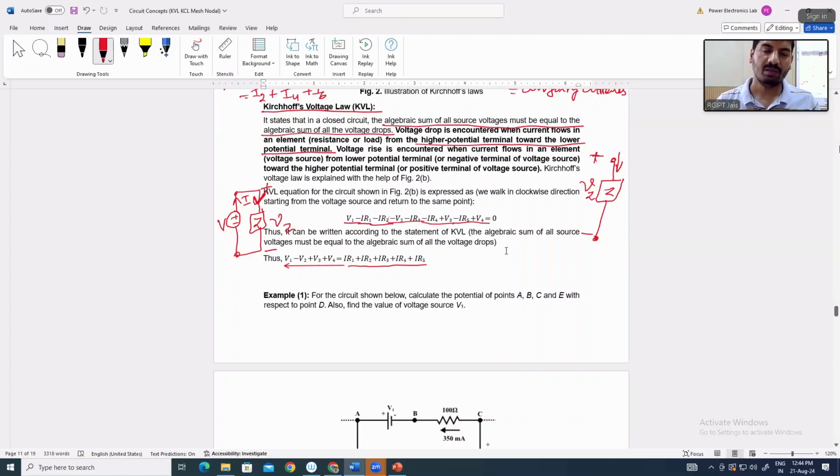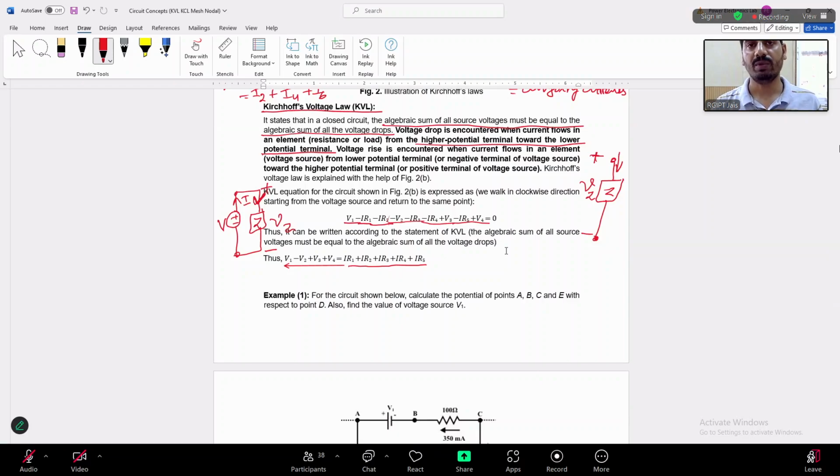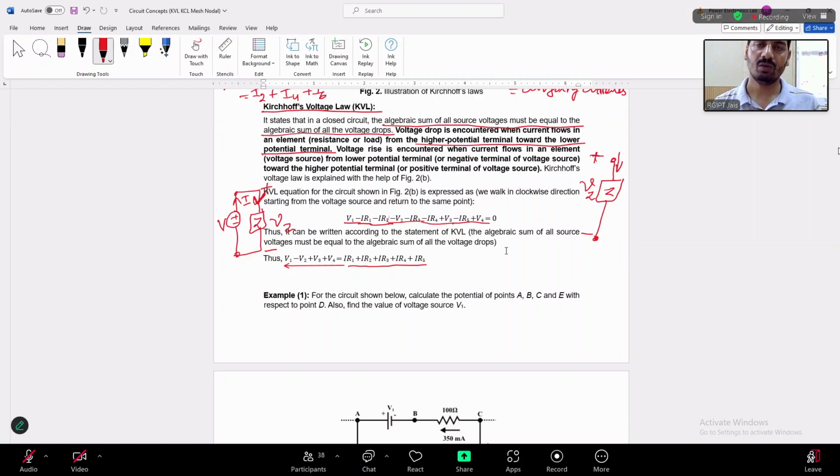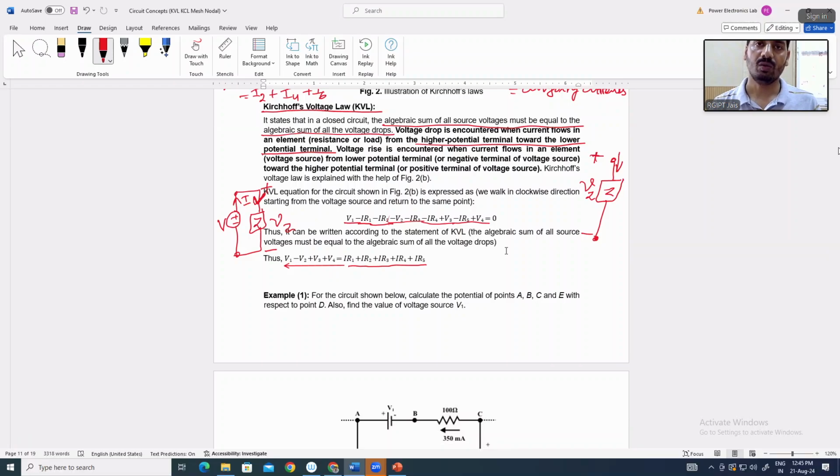So in summary, KVL will be applied in a loop, and KCL will be applied at a node. KCL says the algebraic sum of all currents, whether entering or leaving the node, will be 0.